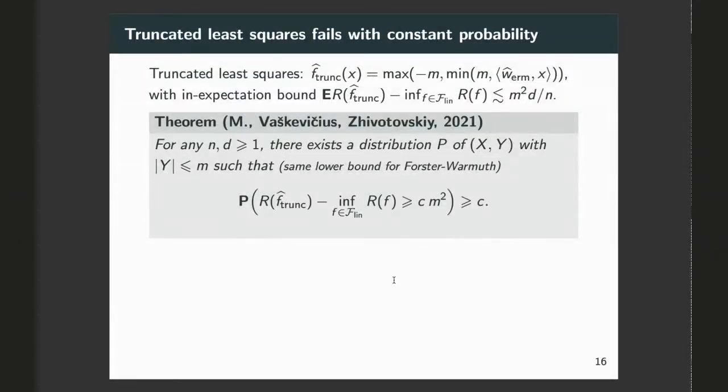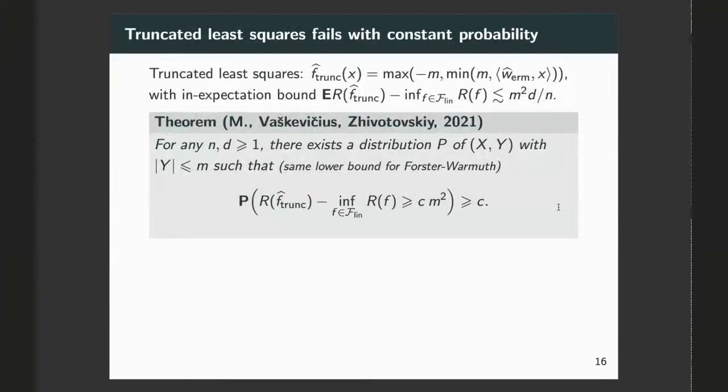We can show that for every n, we can find a joint distribution of x and y, with y bounded, so it's even stronger, such that the excess risk of the truncated least squares is completely trivial. It's really bad.